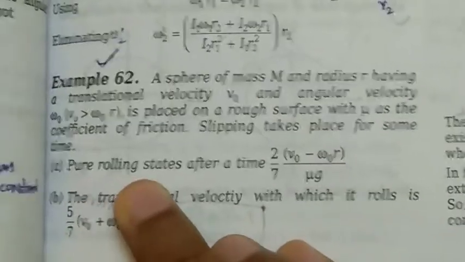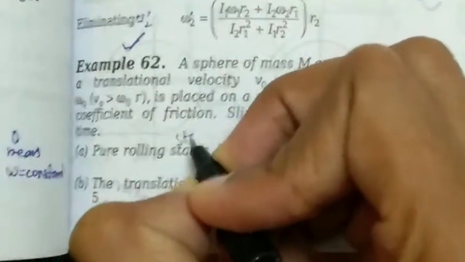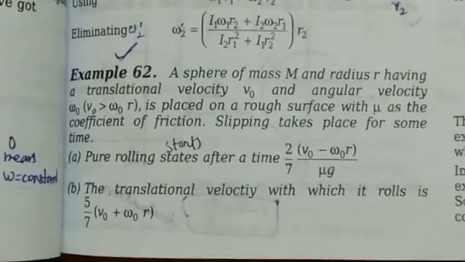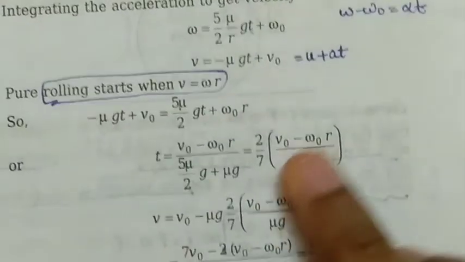So pure rolling starts after a time 2 by 7 into v naught minus r omega naught by mu g. So here also we have 2 by 7 v naught minus r omega naught by mu g. So option A is correct, and option C is also correct as we have discussed.